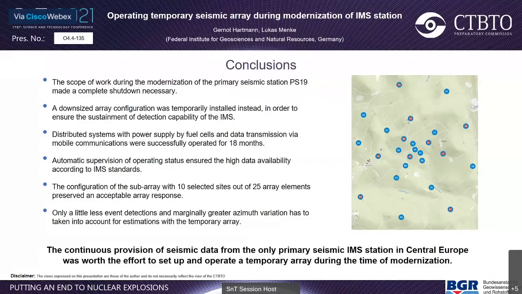Then it is guaranteed that the station performance will not significantly decrease. The example of PS19 showed the continuous provision of seismic data from the only primary seismic IMS station in Central Europe was worth the effort to set up and operate a temporary array during the time of modernization.